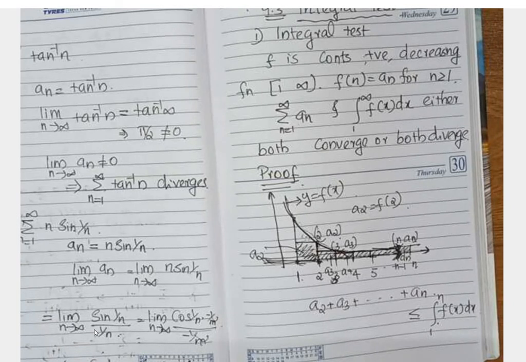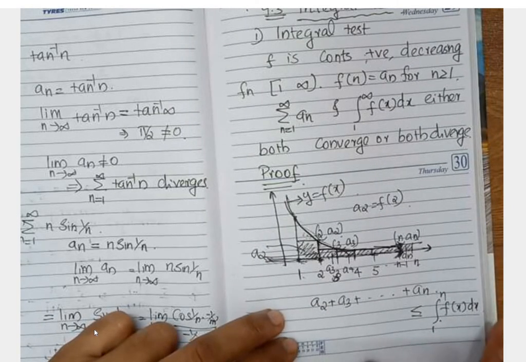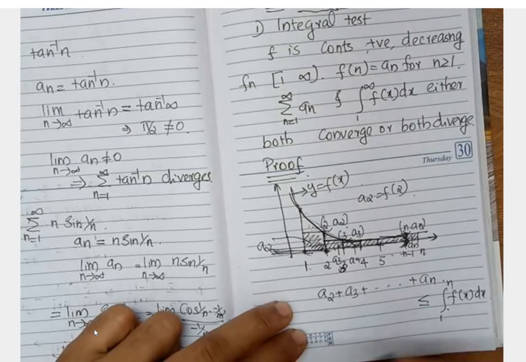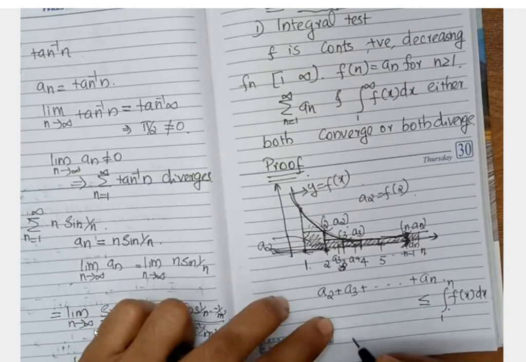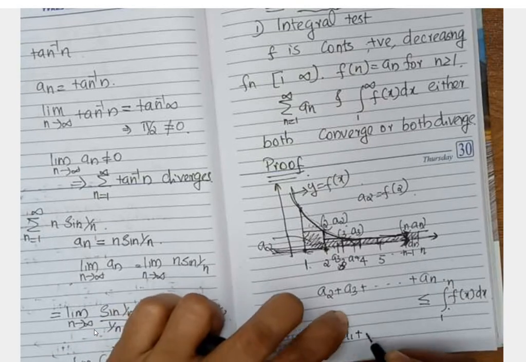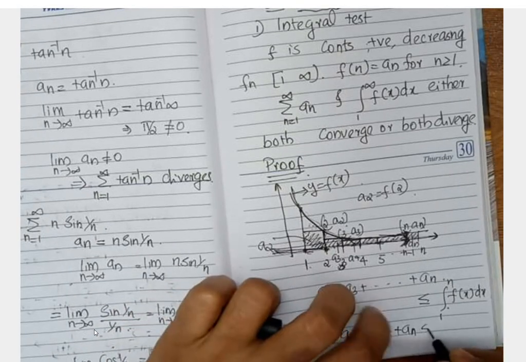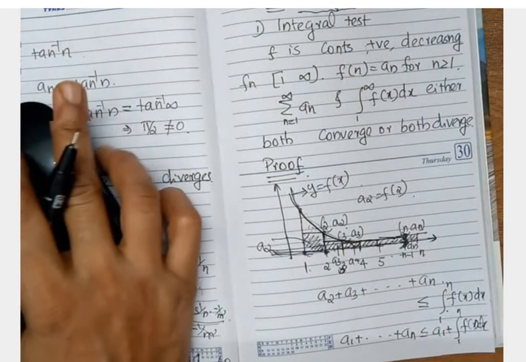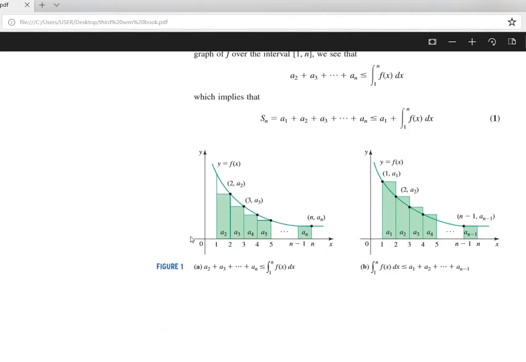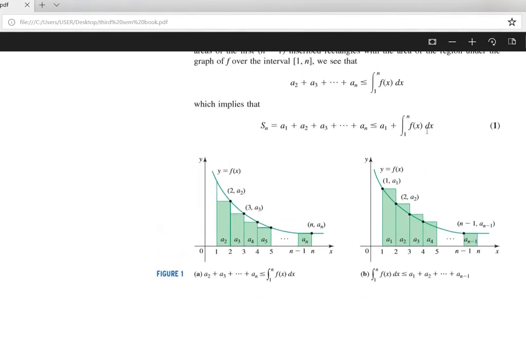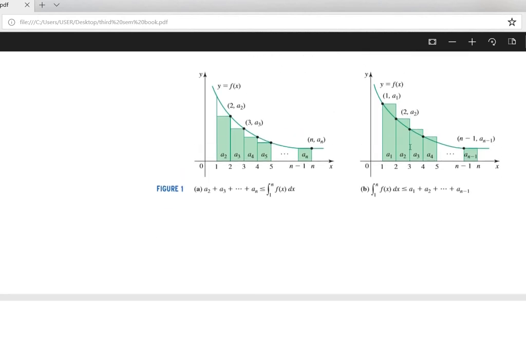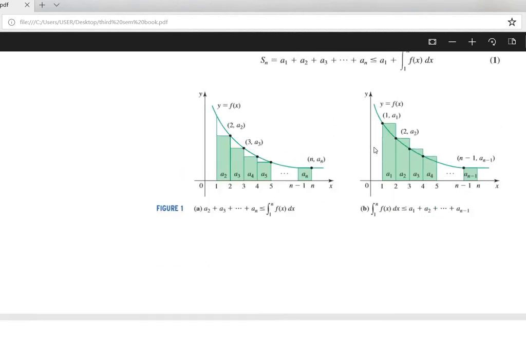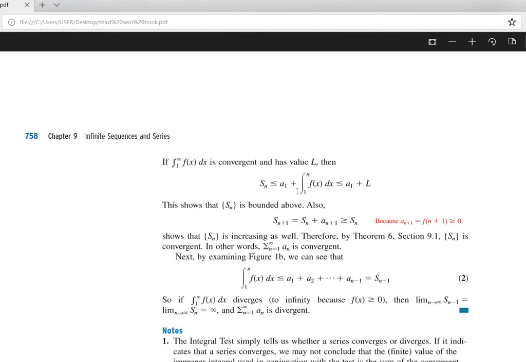Okay, so I'm adding this A1 on both sides: A1 plus etc. plus An is less than or equal to A1 plus the integral from 1 to n of f(x) dx. So look at what they have done in the proof. This is Sn, less than or equal to this one. So Sn is less than or equal to A1 plus what is the value?